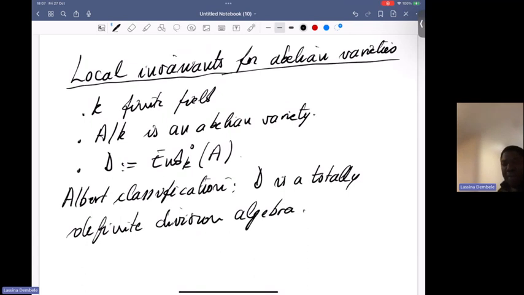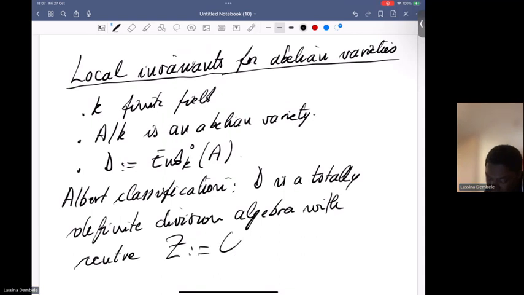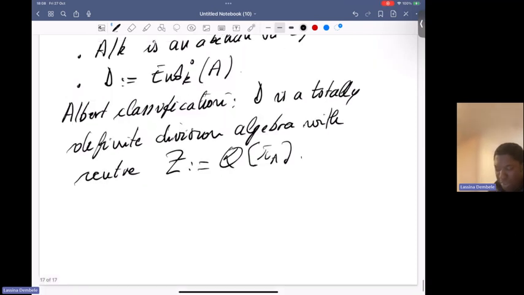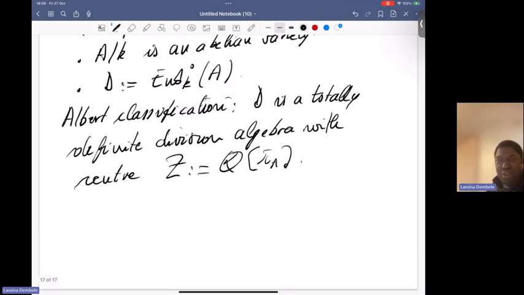Right, and the center, which we are going to call Z, is just the sub-algebra generated by the Frobenius. Okay. And now I'm going to write the decomposition.